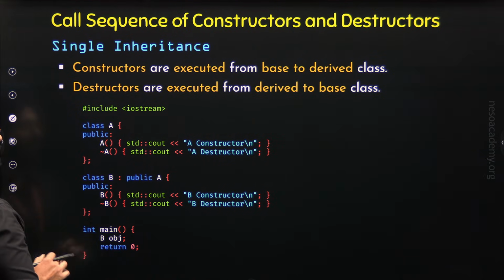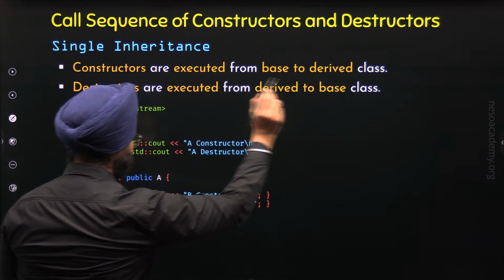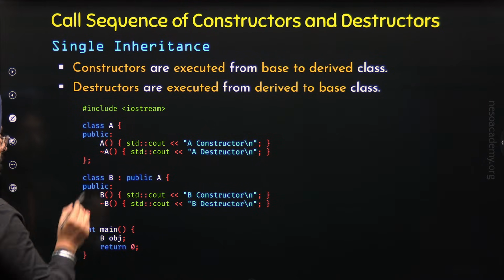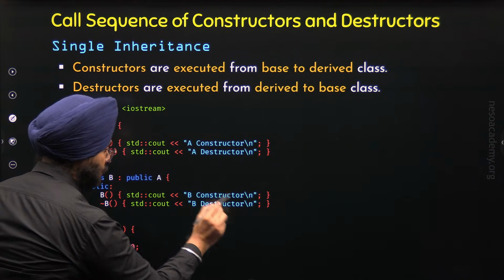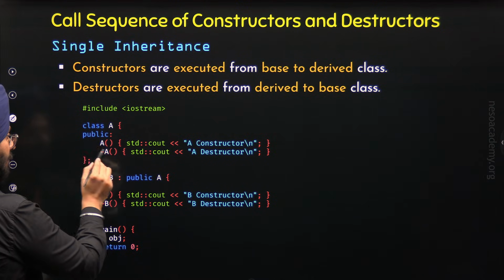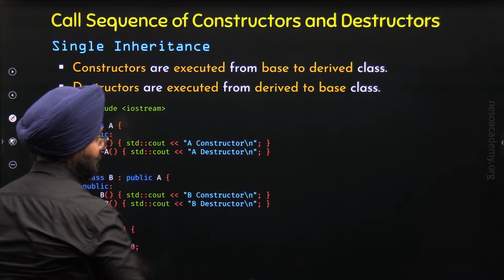And we also know this that destructors are executed from derived to base class. Therefore, the destructor of the derived class B will be invoked first. It will display B destructor. After this, the destructor of the class A will be invoked and it will display A destructor.